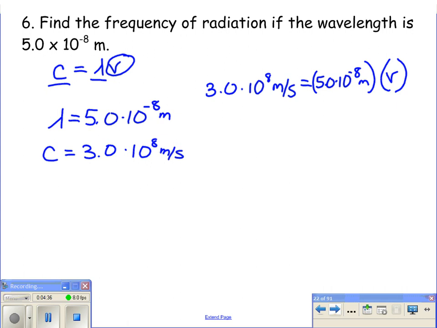So to get our unknown, the frequency, by itself, we divide both sides of the equation by the wavelength, 5.0 times 10 to the -8 meters.